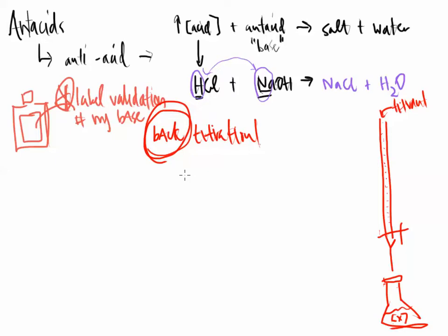Okay, so if we take a look at your procedure in the lab book, Part A says preparing your samples. To prepare the samples, it says that you are going to make a 0.1 molarity HCl solution.